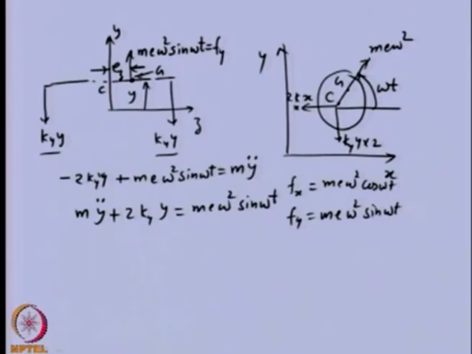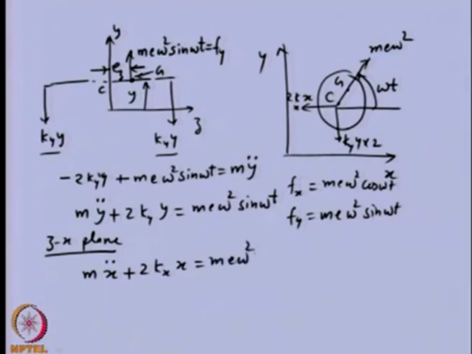On the same line, if we draw the free body diagram of the rotor in the other plane, that is the z x plane, it will be easy, on similar lines. We can obtain the equation of motion like this.